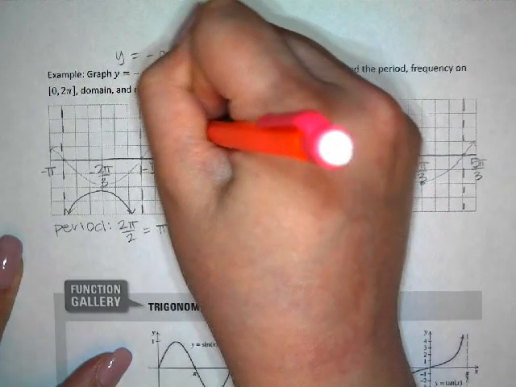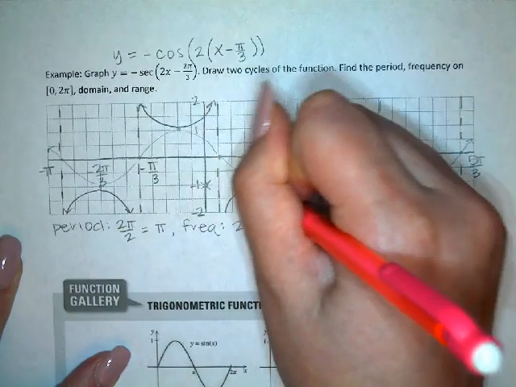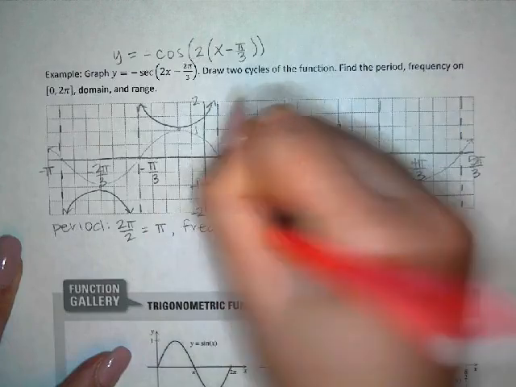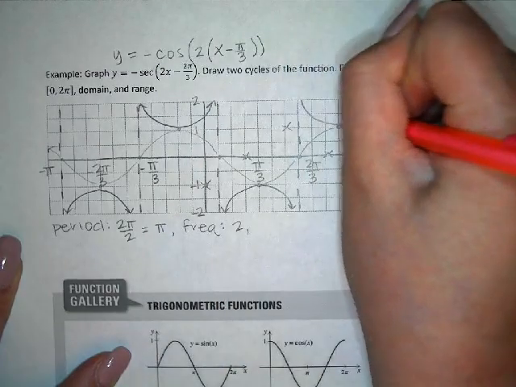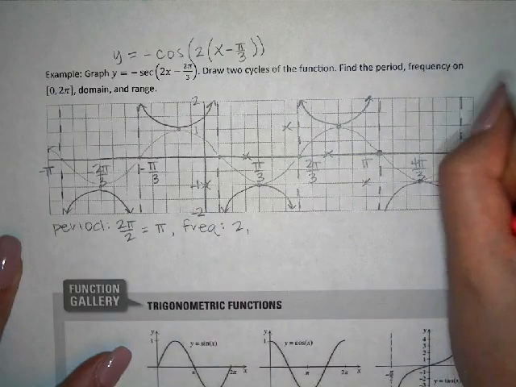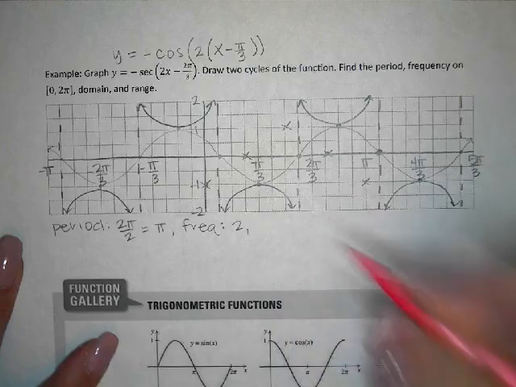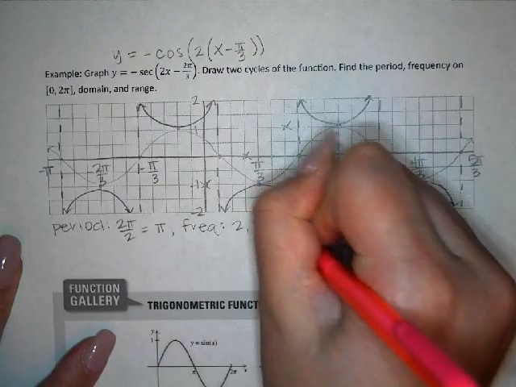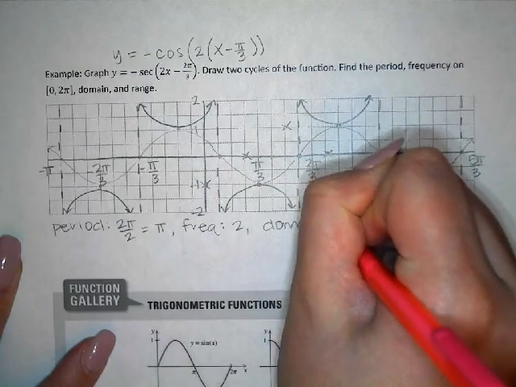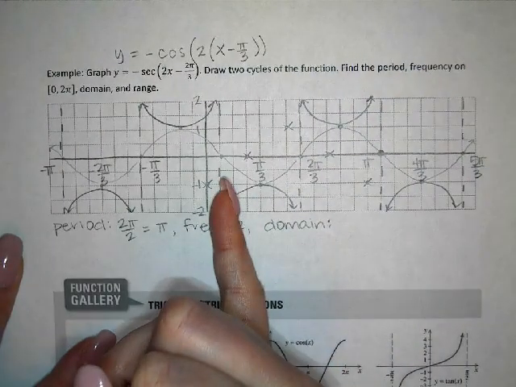All right, so here for the domain, the first vertical asymptote is just 1 box away. And since I had 12 boxes equaling pi, that means that 1 box away is pi twelfths.